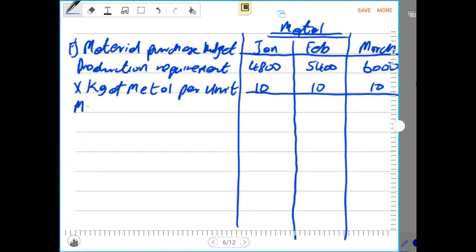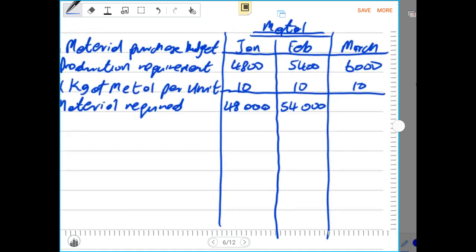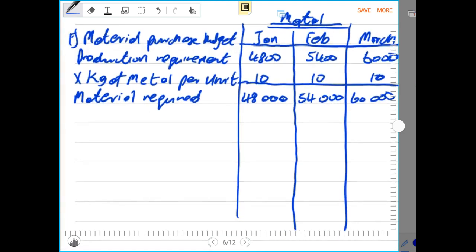Therefore now this will be material required, of which the material required here is going to be 48,000 kgs of material. Then after, this will be 54,000 kgs of material, and this will be 60,000 kgs of material, which is the metal material.